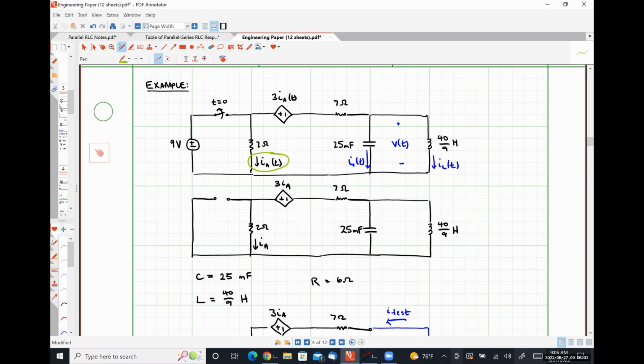And the reason why I say that is because our voltage V of t divided by the equivalent resistance of 6 ohms will get us our current IA.